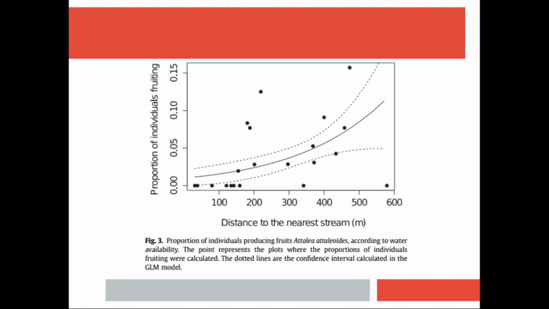And this is the nicest graph I have. It's Attalea attaleoides, and you see that as we get farther away from the water, it gets more fruits, even though it's not linear, of course, and we get some noise, some variation around here.